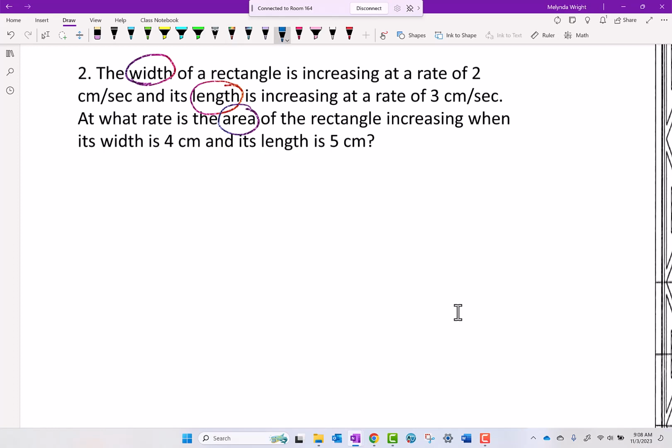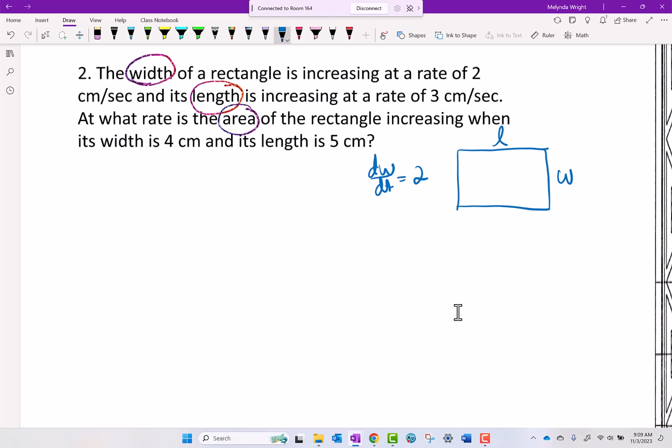So let's do our setup. Okay, so here's our rectangle. I'm going to call this width and that length. So the width is increasing, so dw dt equals 2. Increasing is positive, it would be a positive rate. Decreasing would be a negative rate, right? So we have to pay attention to the words.